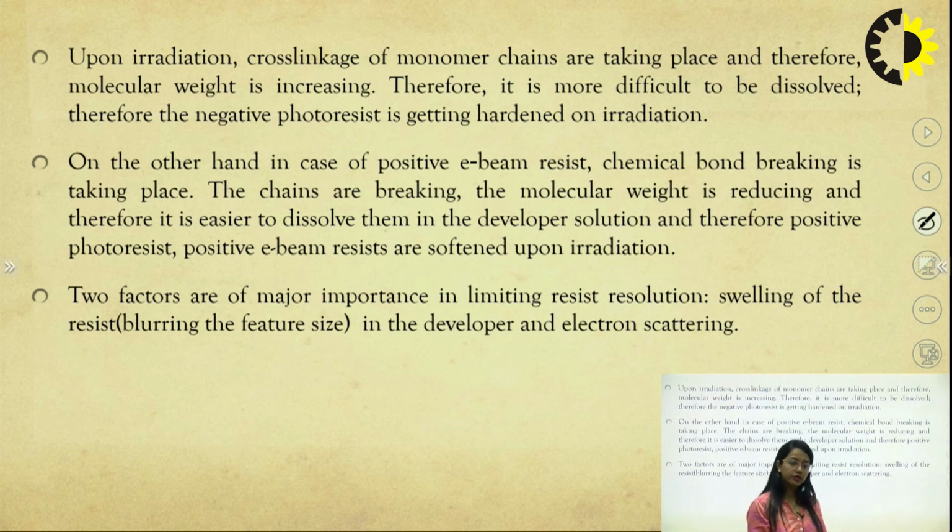In lithography, we have different kinds, and here we have studied electron beam lithography. Other than electron beam lithography, we have photolithography and optical lithography. In photolithography, we have a resist which is sensitive to the presence of photons.